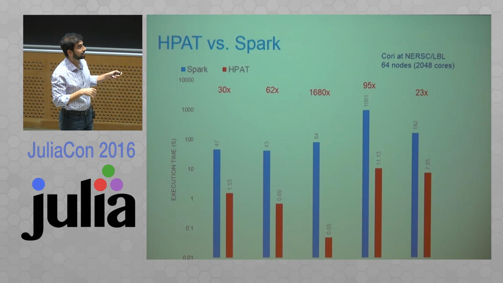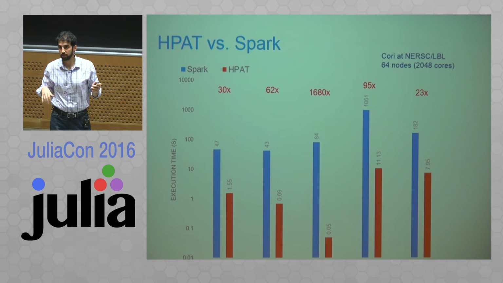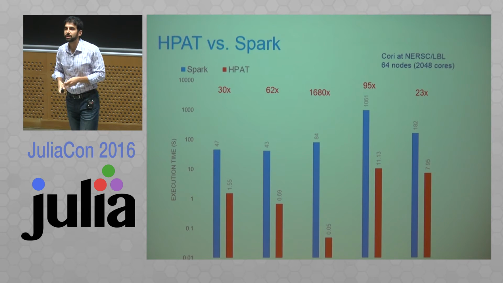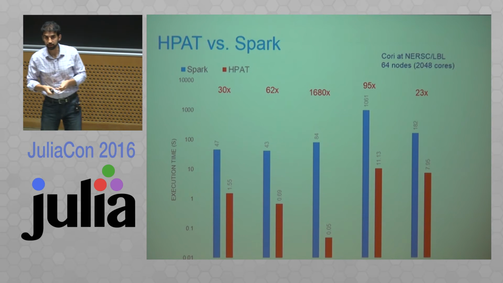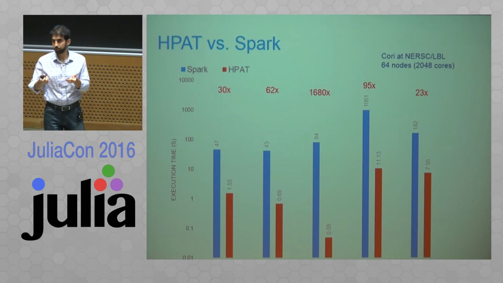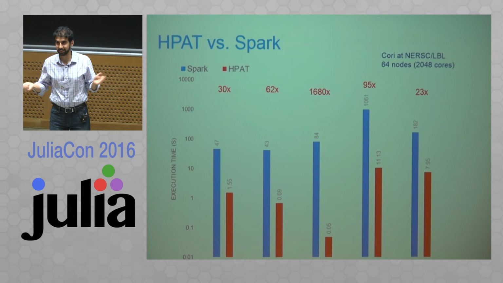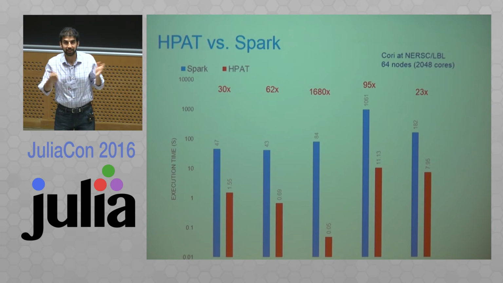Logistic regression is exactly the codes I showed you, no change. K-means is interesting because it's written mostly in comprehension syntax. In Julia, you can look at the package repository. The code is very short, a few lines. In Spark, it's using key value stores and some weird abstractions that I don't know how they came up with that code.